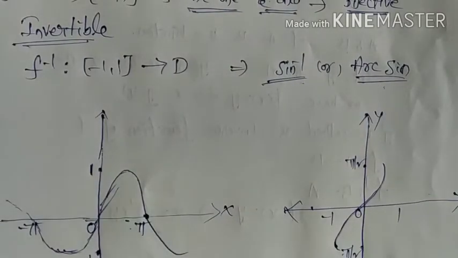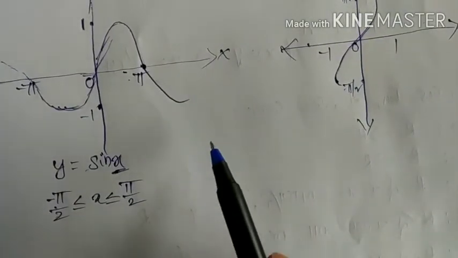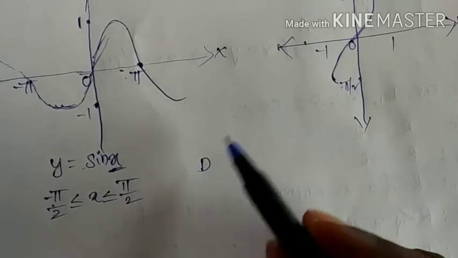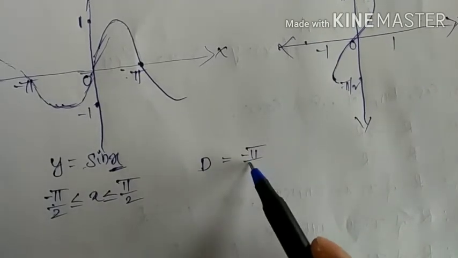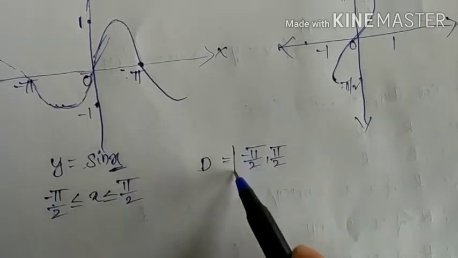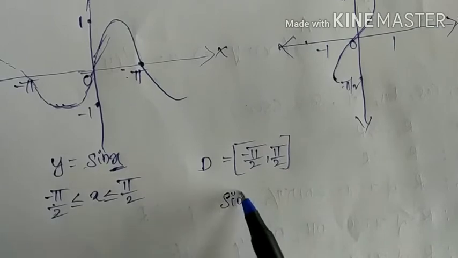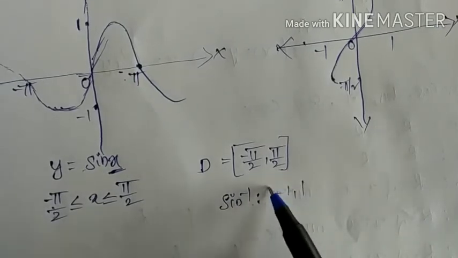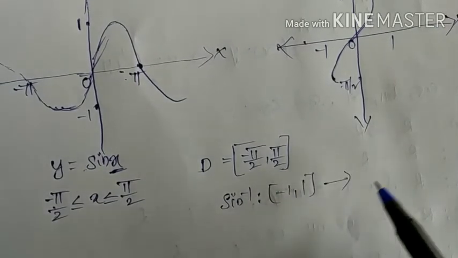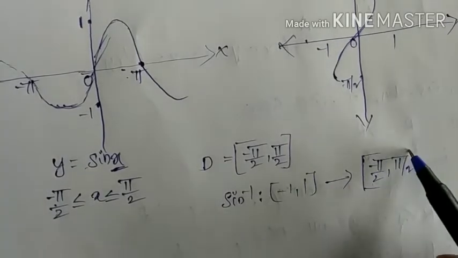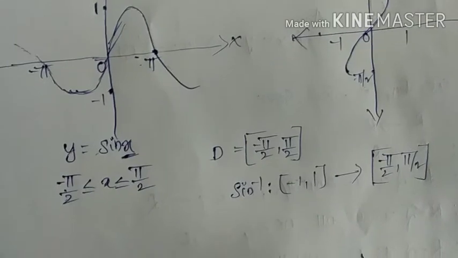If we choose the domain for the sine function as minus pi by 2 to pi by 2, then the inverse of the sine function, sine inverse, is defined from minus 1 to 1 to minus pi by 2 to pi by 2. Okay, this is about the sine function.